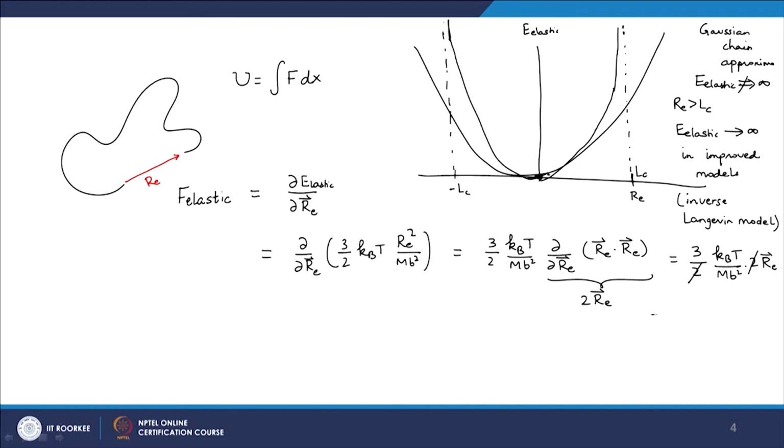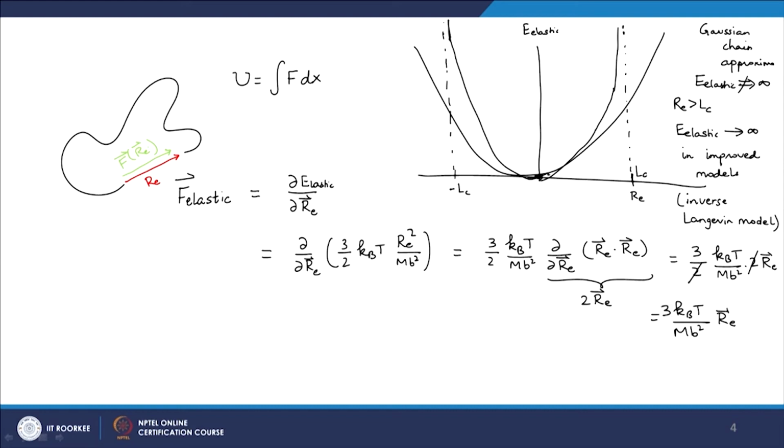So, we have 3 kBT by mb square RE, and that force of course has a direction. That force has the same direction as the end to end distance vector RE. So, in the same direction we have our force acting to hold the chain in its position.